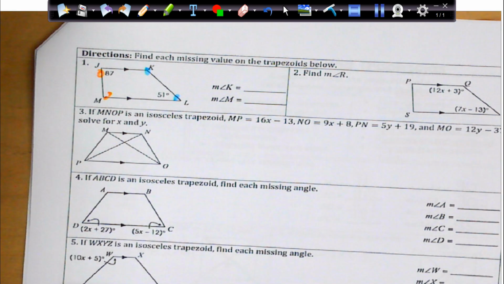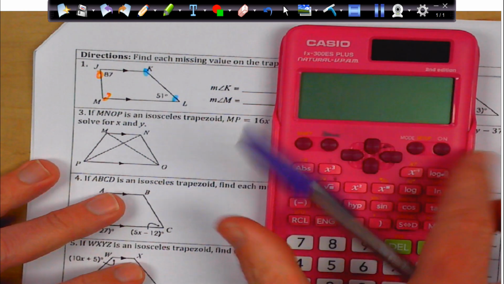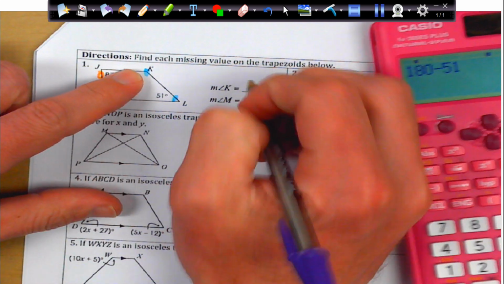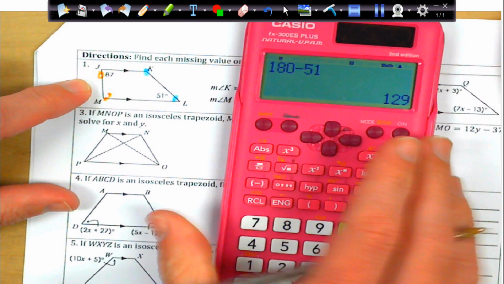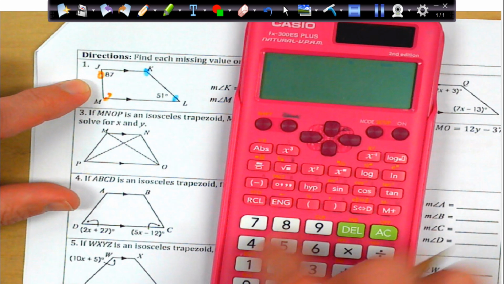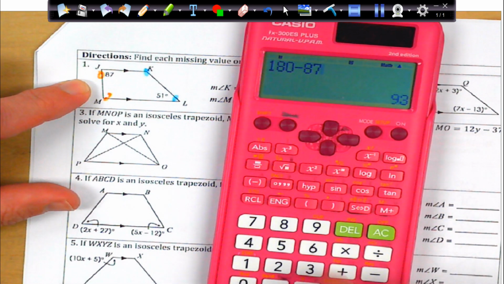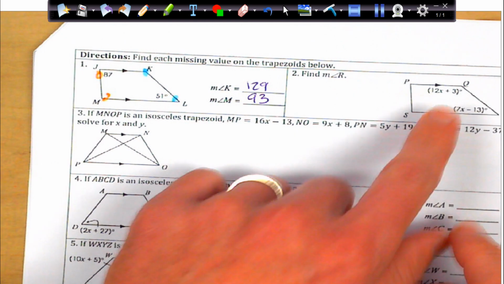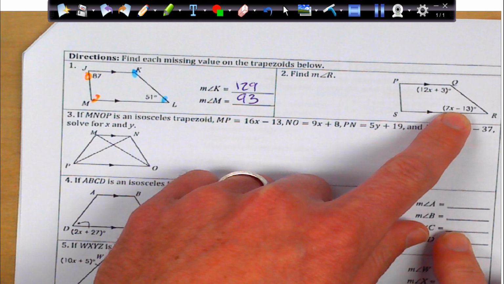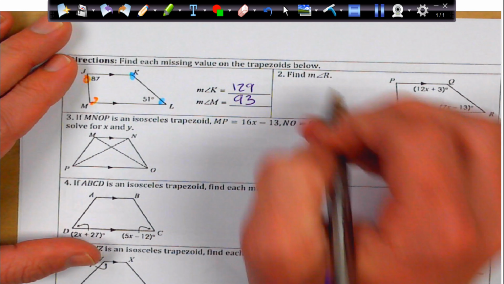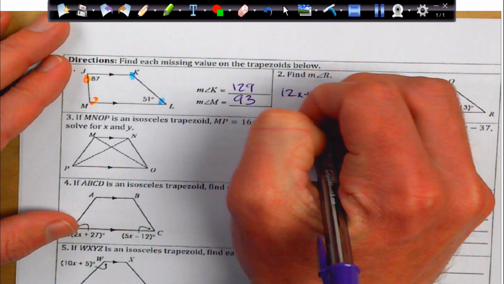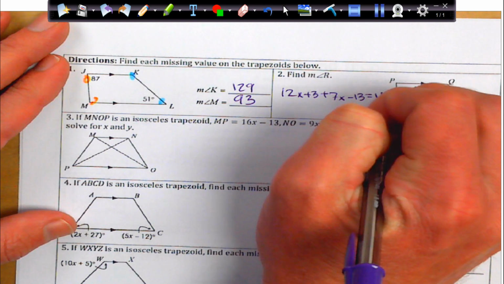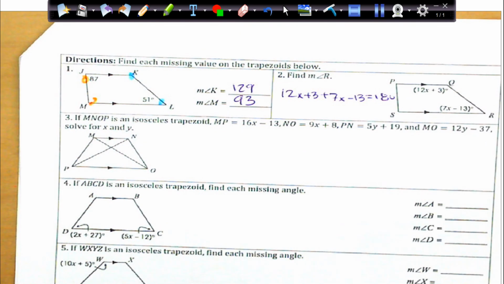And so we simply go ahead and do the math real quick. 180 minus 51 gives me 129 for K. And we have 180 minus 87, and we get 93 for M. So pretty easy. Same thing over here. We're just going to add those two up, set equal to 180. We won't do the whole math there, but we know that they're going to be supplementary. So add them up, set them equal to 180, solve for x, and we can substitute it back in for r.